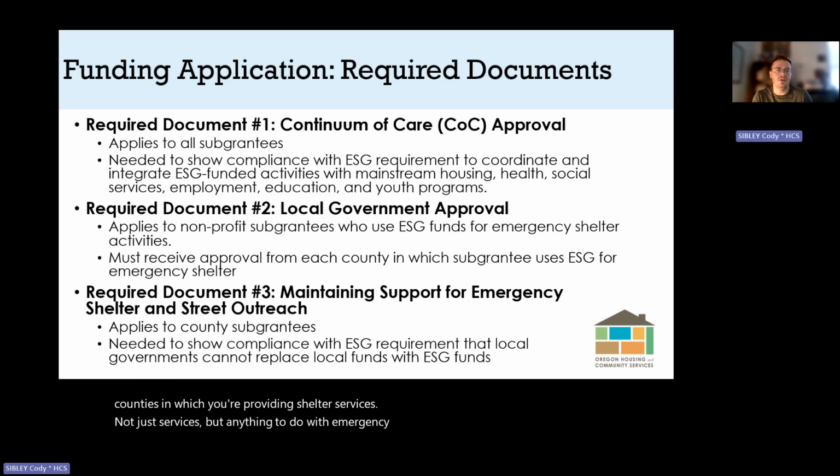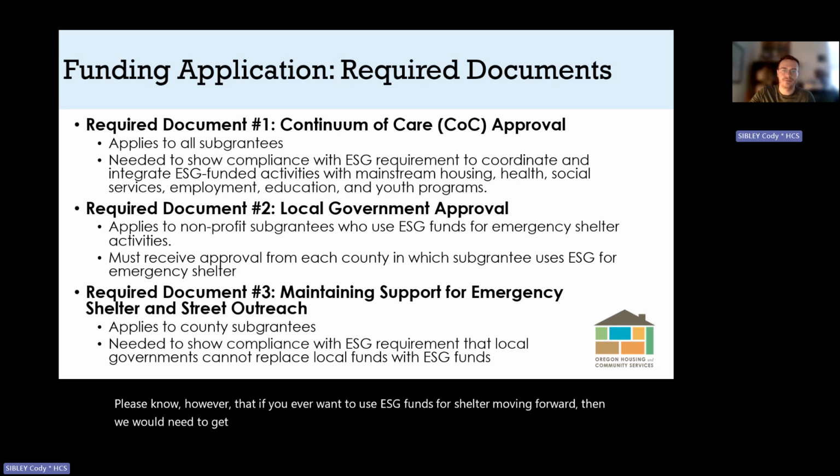And again, if you're a nonprofit and you are not using ESG funds for shelter, then this would not apply to you, so you do not need to fill it out. Please know, however, that if you ever want to use ESG funds for shelter moving forward, then we would need to get this from you before we can approve any budget change requests or anything like that.